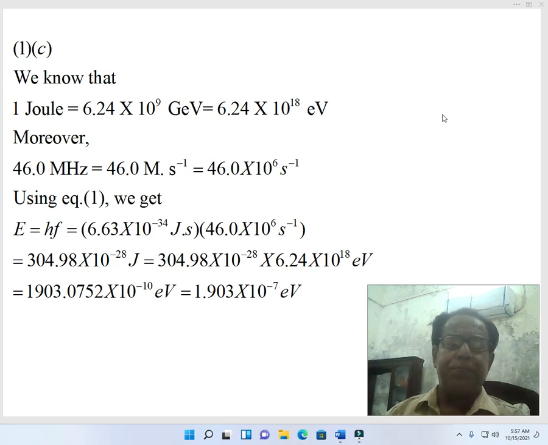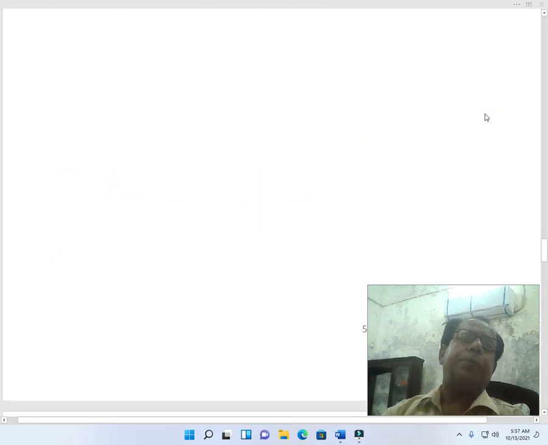So here 46.0 million hertz equals 46.0 million per second, which alternatively becomes 46.0 into 10 raised to the power 6 per second, and putting these values we get the result E equal to 1.903 into 10 raised to the power minus 7 electron volt. So all the three parts A, B, C of the first part have been solved.